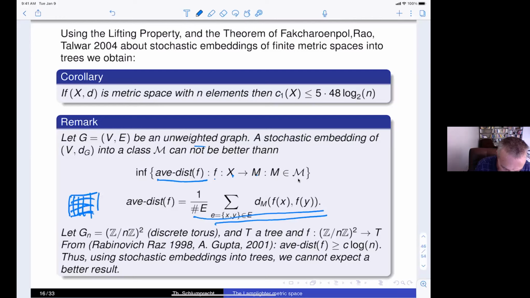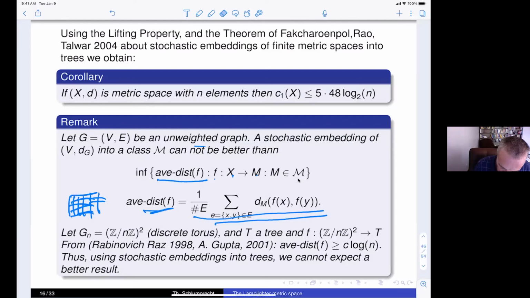the discrete torus has a lot of circles, and every circle, when you embed it into a tree, must have a bad point. So if you count the number of circles, and I'm only using square circles, and you take into account that the same point can be a bad point for different circles, and then you add up, you get an average distortion of log n.